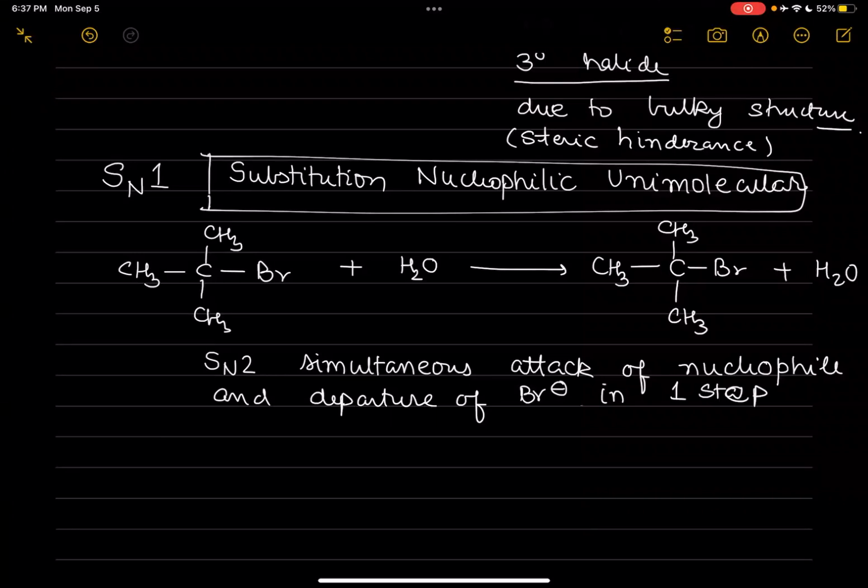SN2 is the simultaneous attack of the nucleophile, which is water, and the Br minus comes out. It cannot happen in this case. Why can't it happen? Ryan, Absar, Imad, Anushka, tell me why it can't happen here.